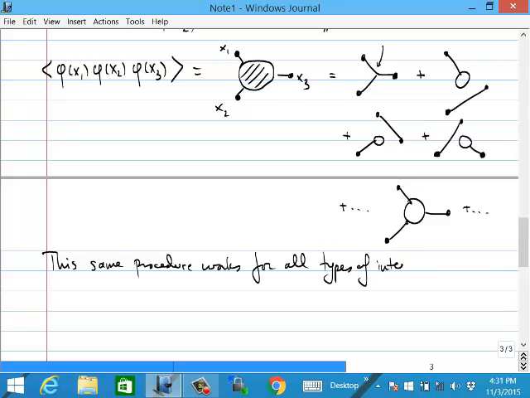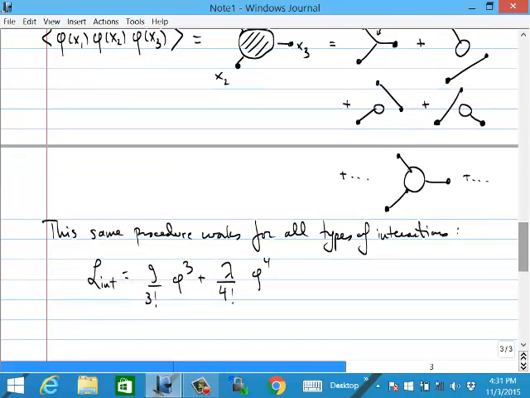So in particular, let's imagine that instead of a phi cubed interaction, we had a phi cubed interaction plus a phi to the fourth interaction. Then what rules would we use to calculate the perturbative contributions to some correlation function?